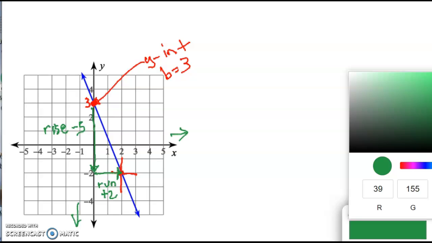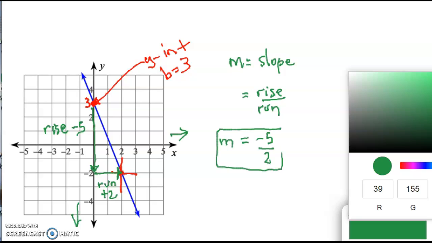So that means the slope, which we use m as a symbol for, is always rise over run. Write this down every single time. That way you are going to be able to memorize the equation. So rise is -5 and run is 2, so the slope we found to be -5 over 2.